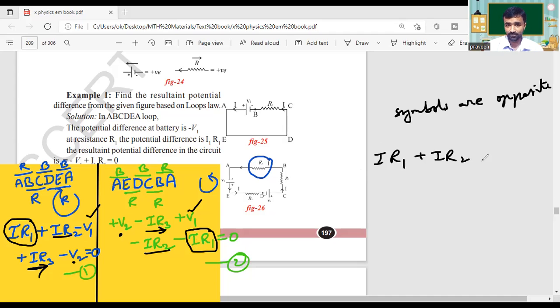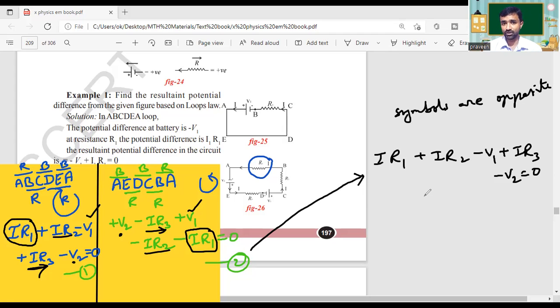Next V1, left side plus, right side minus. Next IR3, left side minus, right side plus IR3. Next V2, left side plus, right side minus. Then you get equation 1. See here, on transposing equation 2 like this, you get the same equation given in equation 1.